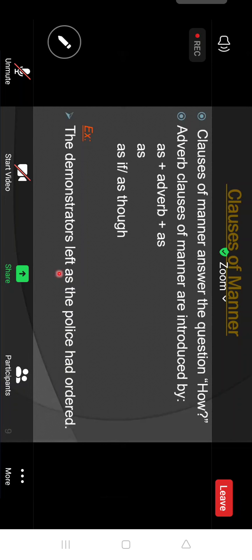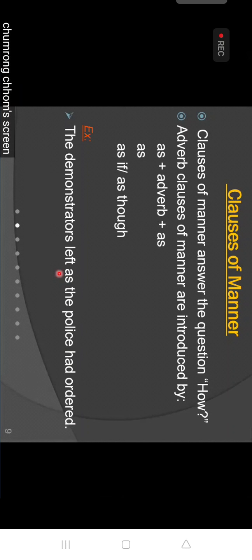Okay, not manner. But another one like here, you can see: The demonstrators left as the police had ordered. This one we don't translate word for word when we pronounce it.